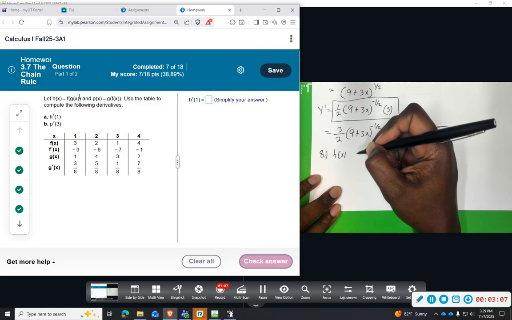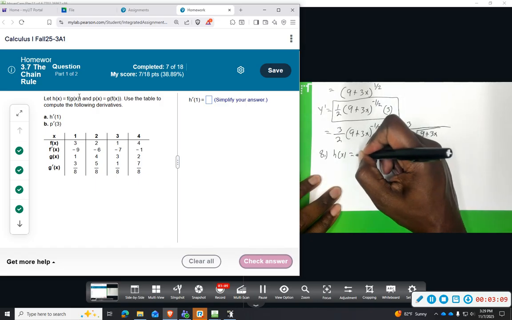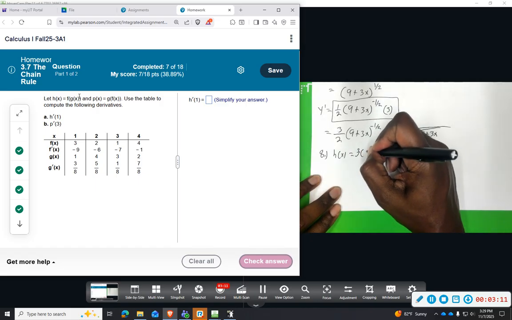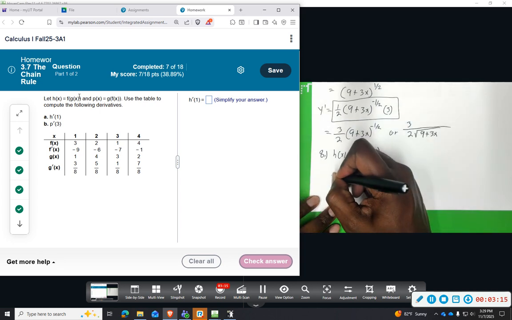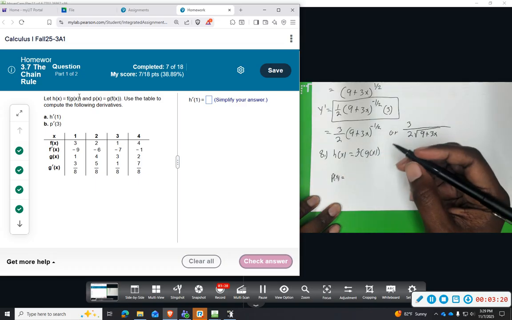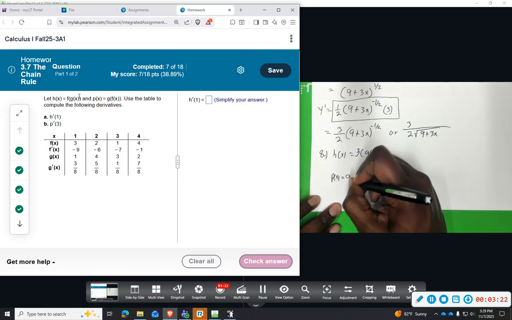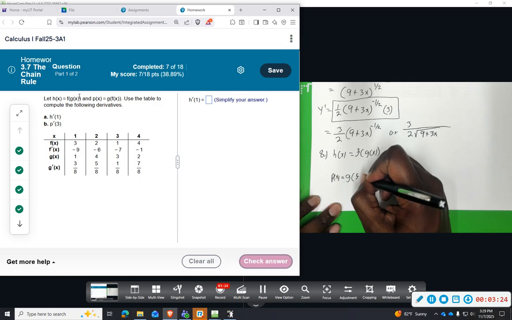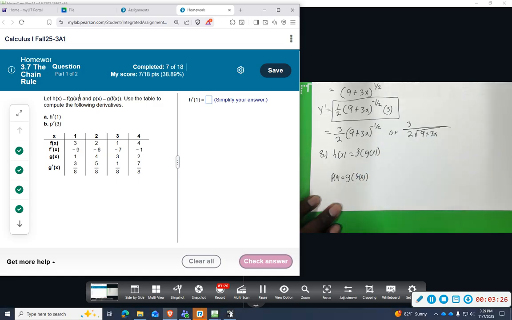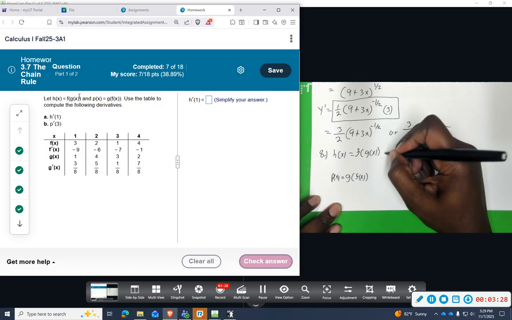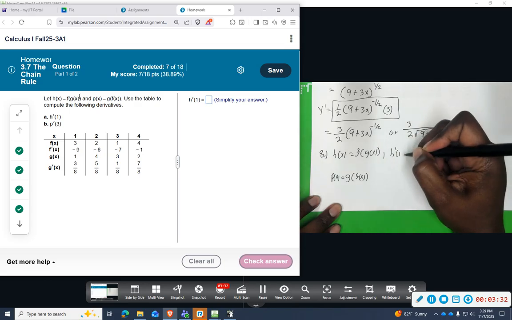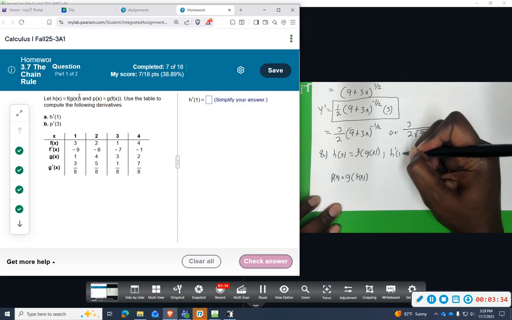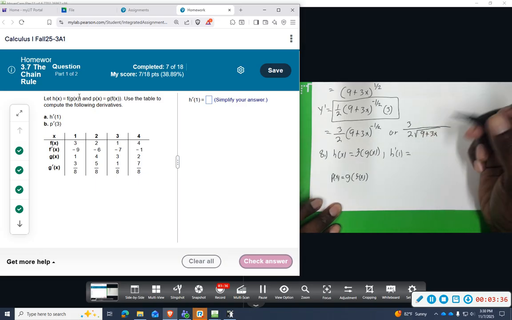So first, h of x is equal to f of g of x, and then p of x is equal to g of f of x. Okay, so doing the derivative, we're going to find h prime of 1, not negative 1, just want to double check.